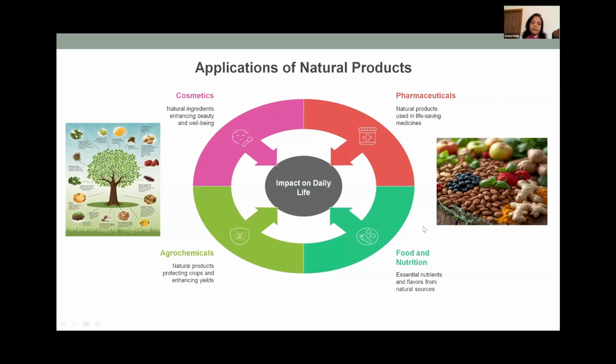Then in nutrition, and also in agrochemicals, in the area of agriculture, these natural compounds derived from the plants protect crops in the form of natural insecticides, and they prove to be better than the synthetic insecticides or pesticides. No doubt synthetic pesticides can help in enhancing the yield for the moment, but after all, their side effects are too many, leading to many diseases like cancer and asthma, all due to the use of these synthetics.